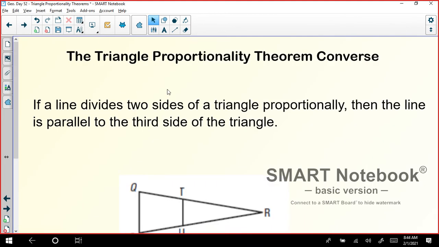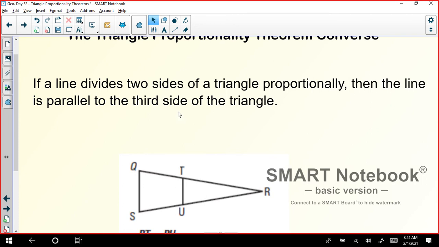The converse of the triangle proportionality theorem says that if I have a line that divides two sides of a triangle proportionally, supposing I have a line TU such that it divides the sides RQ and SR proportionally, that is, if I have RT over QT equals RU over SU, then by the converse of triangle proportionality, I can say that line TU is parallel to QS.